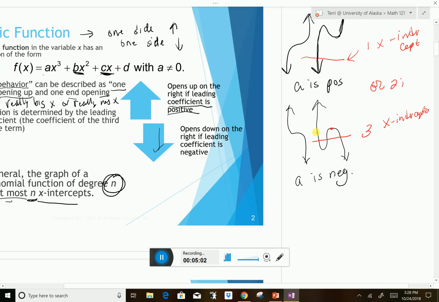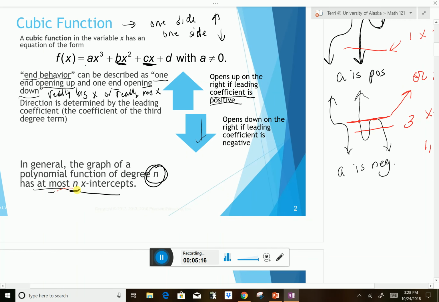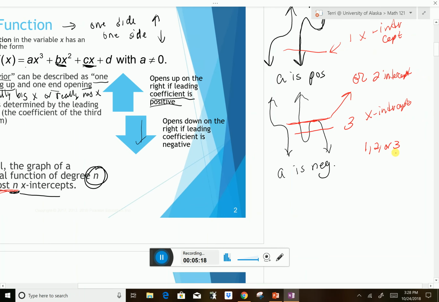If it's here and here, so if it goes right there and then on the turnaround point of that, that's 2 intercepts. So it has to have at least 1. It has 1, 2, or 3. So at most, n though, the most it's ever going to have is 3. So if we find 3, we know for sure we have them all. If we find 1 or 2, we just have to investigate the graph to see where the graph is.